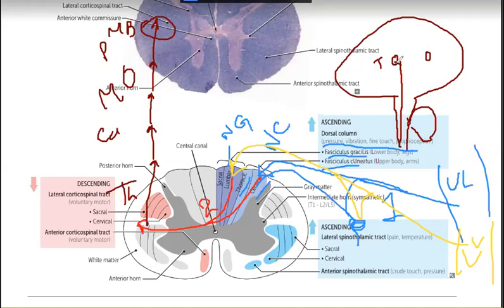For example, if you talk about the vision tract, it will go to your geniculate nucleus, maybe the lateral geniculate nucleus. And then if you talk about olfaction, it will go to another geniculate nucleus. Similarly, if you talk about this dorsal column, it will go to the ventral posterolateral nucleus of your thalamus.